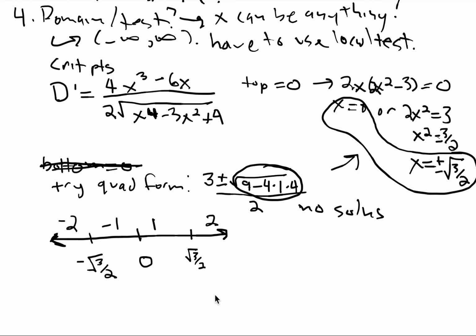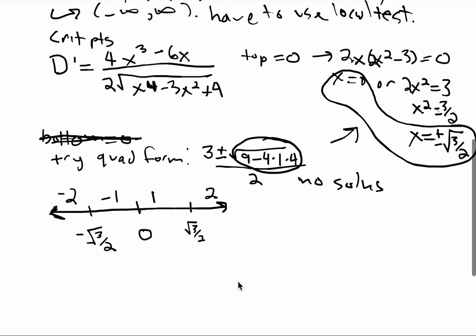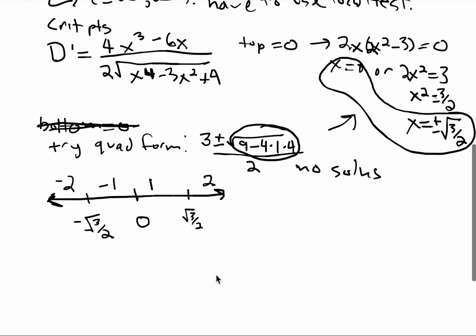Now, I'll go ahead and let you guys verify this later on your own if you want, but it doesn't matter which of these I plug into my denominator, they all come out basically positive here. So the key thing that I'm really going to be worried about is what's going on with my top, okay?